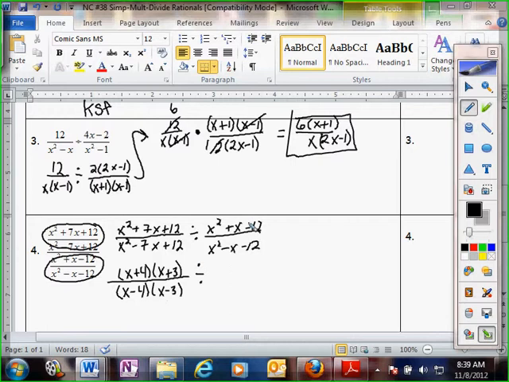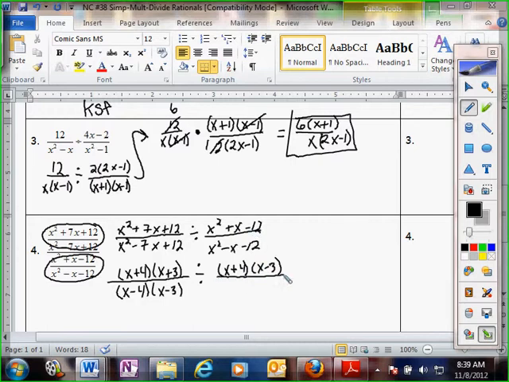Divided by this top one here, my signs are going to be different, and I need to add to positive 1 and multiply to a negative 12. So I'm going to have an x plus 4 and an x minus 3, because 4 plus negative 3 gives me positive 1, and 4 times negative 3 gives me negative 12.